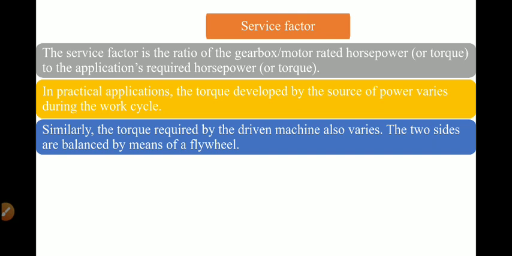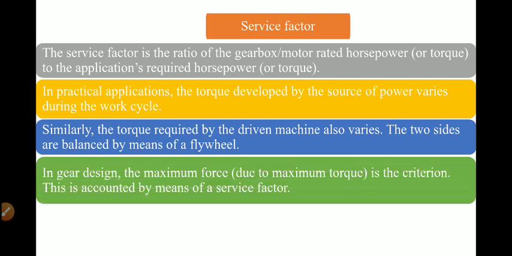The two sides are balanced by means of a flywheel. When the power required is less, the flywheel will absorb the energy or power, and when overloading is there, the flywheel will provide the power to the machine.